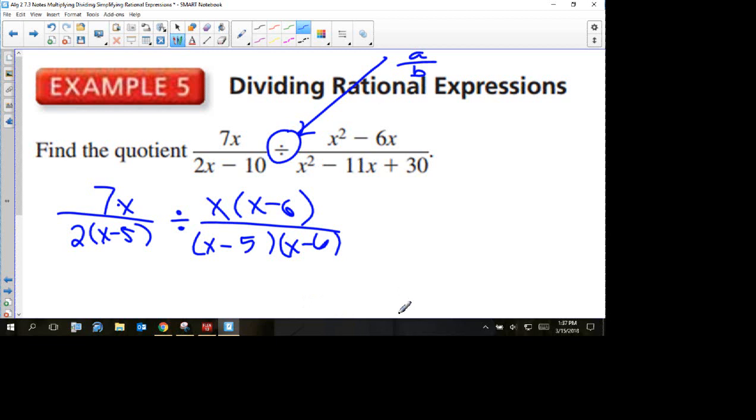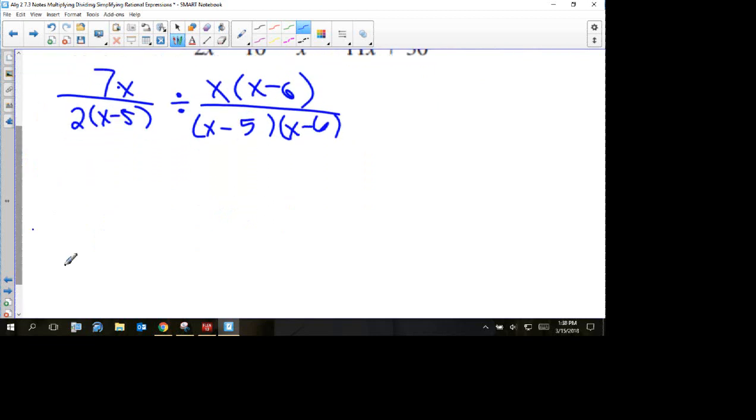Okay, so we have it factored. Now we're going to think about those restrictions, because any x in the denominator that forces the denominator to change into 0, we cannot use. That's a domain restriction. So at this point, what domain restrictions do I have?